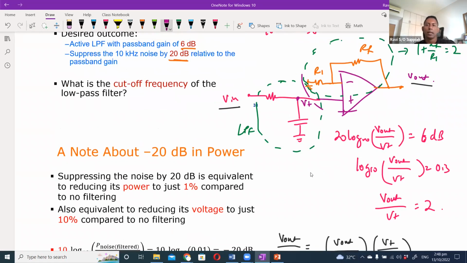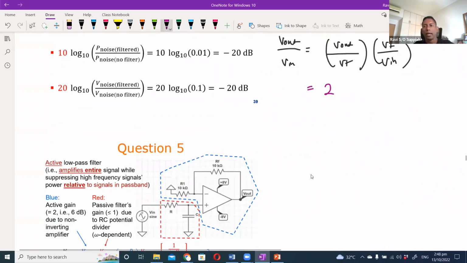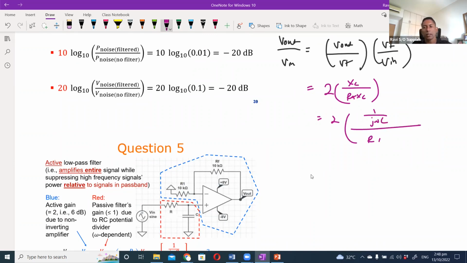So this is nothing more than the voltage divider rule, which is XC over R plus XC. Putting in all the expressions, 1 over j omega C over R plus 1 over j omega C, that will give me 2 over 1 plus j omega RC.